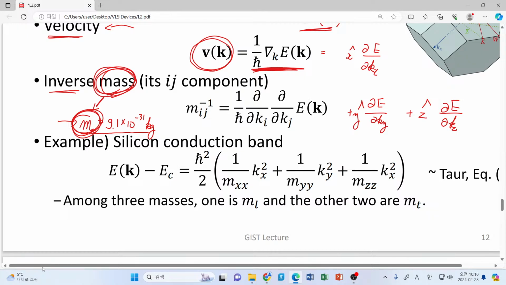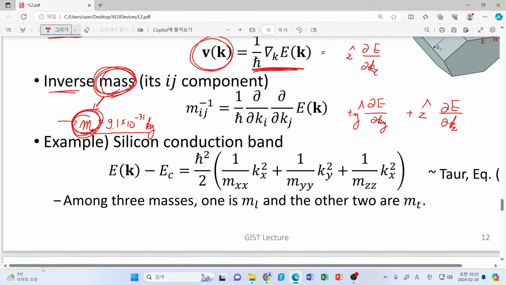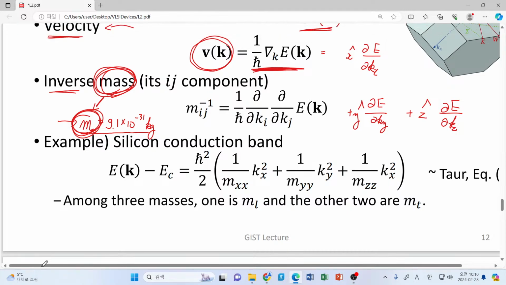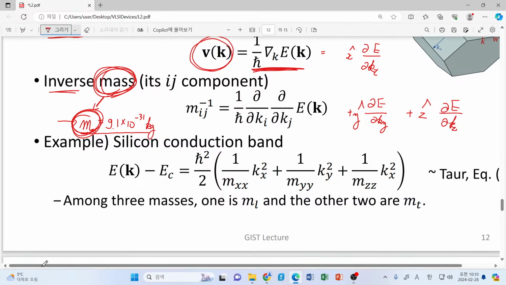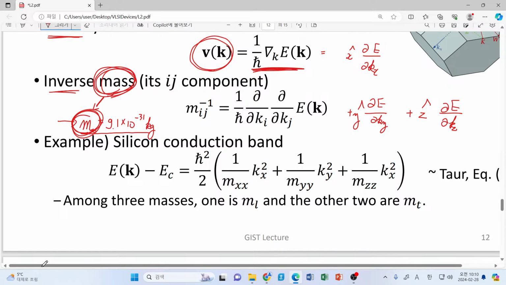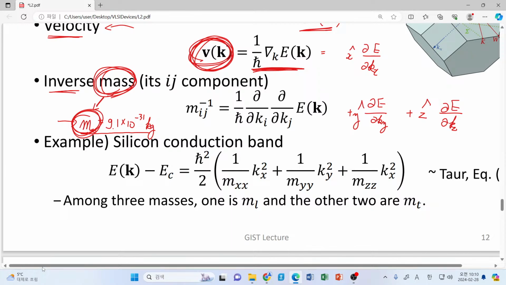Simply speaking, once you have the energy versus k relation, you can answer that an electron having a certain k value will move with a certain velocity given by this value. Okay, so this is important.